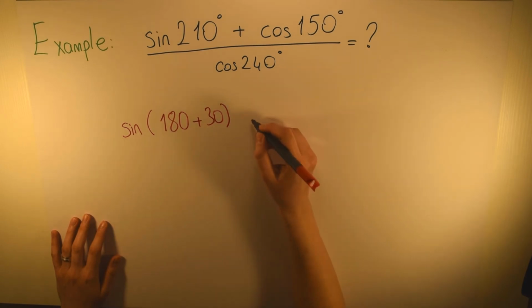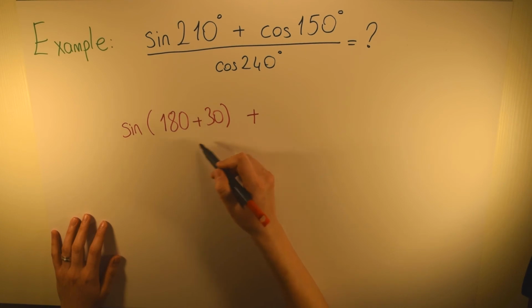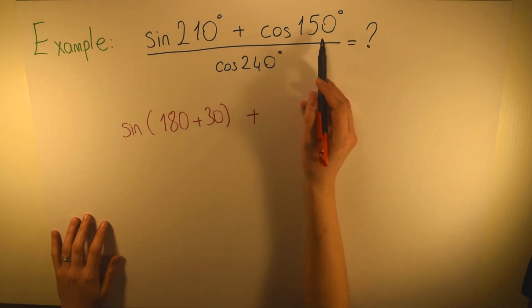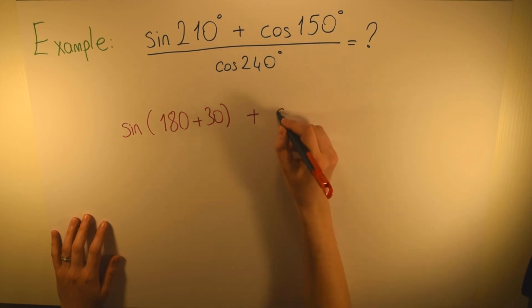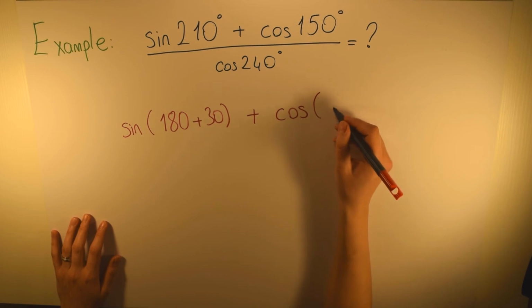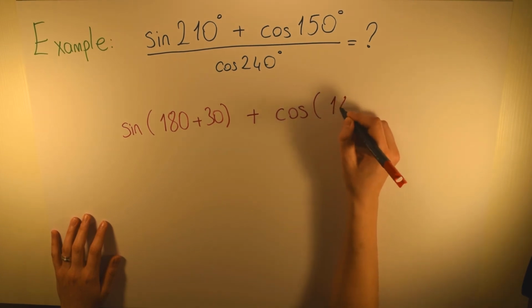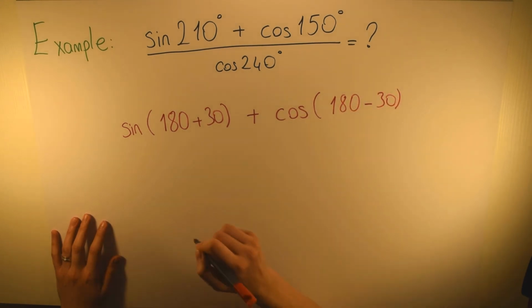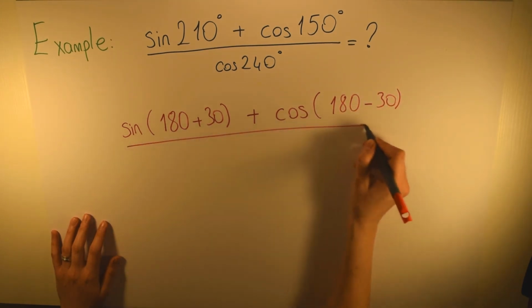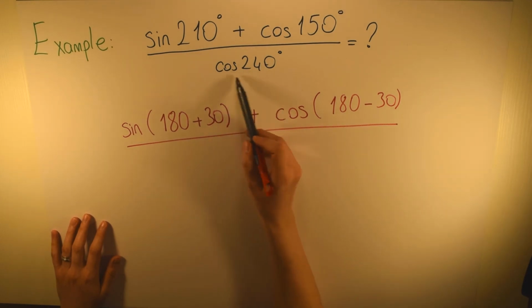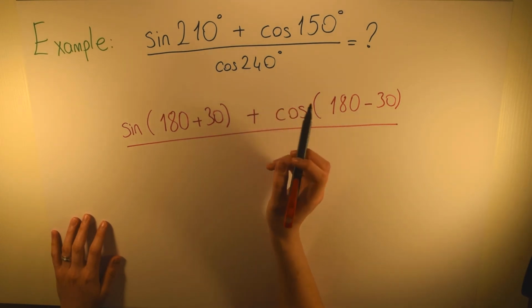Let's continue. Plus, first I will write them as they are, and then we will look at their signs. Here we have cosine 150, right? Here it will remain as cosine, and instead of 150, I can write this as 180 minus 30, right? Over cosine 240 degrees. Let's write this based on the vertical line.